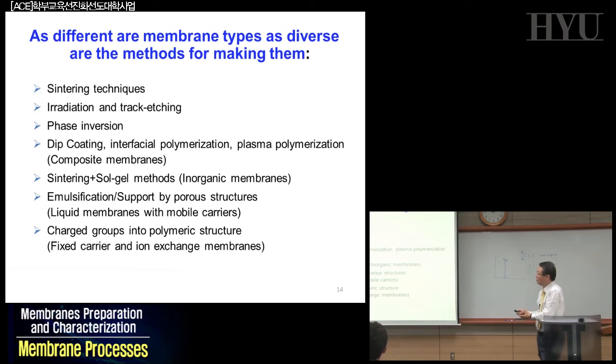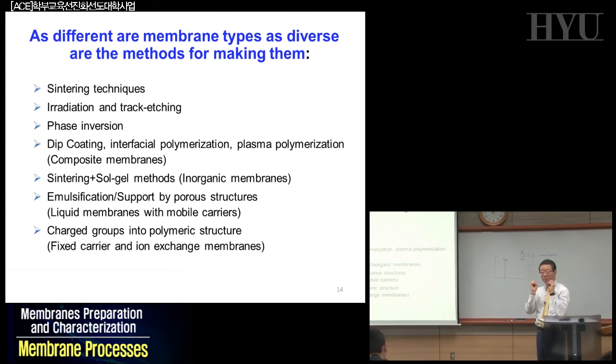So you can make a membrane out of this phase separation. We can use a sintering process to make the membrane. Sintering means heat treatment. Okay? Heat treatment above the melting temperature.